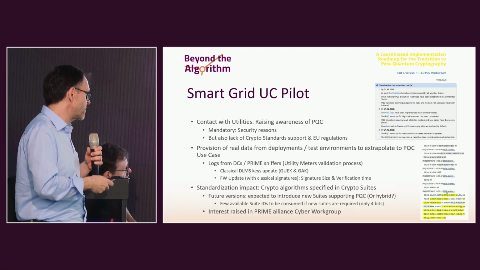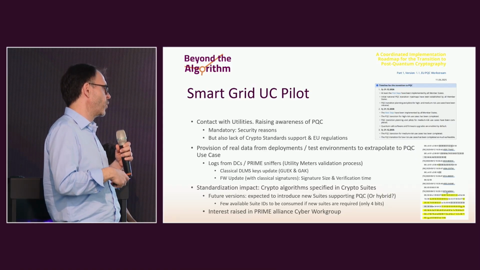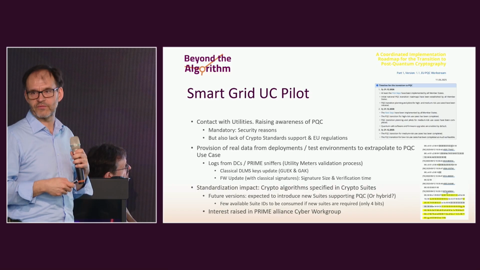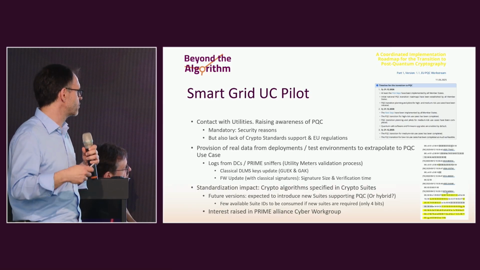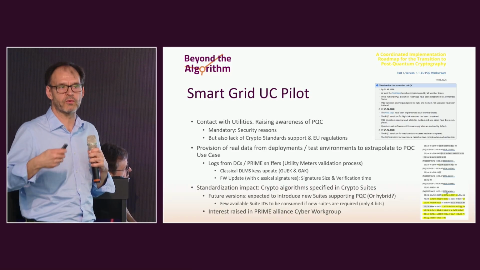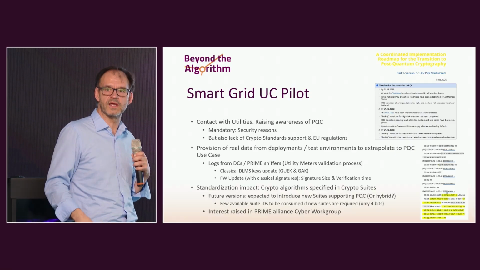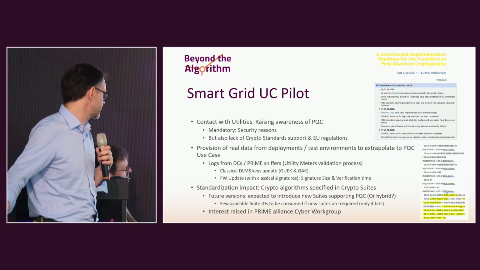And for sure, in the short term, this will not be enough if we consider the current number of post-quantum crypto algorithms available, or if we consider hybridization. It's something to deal with in the standardization process.